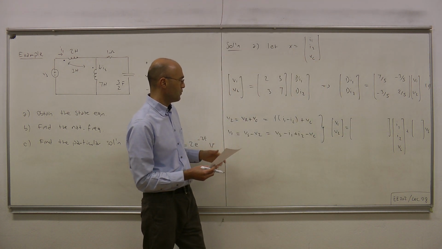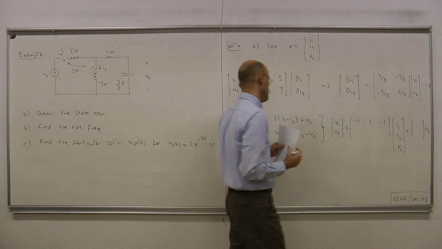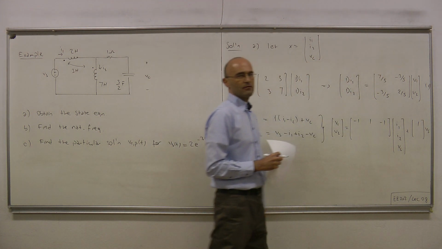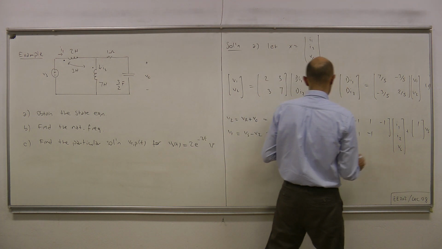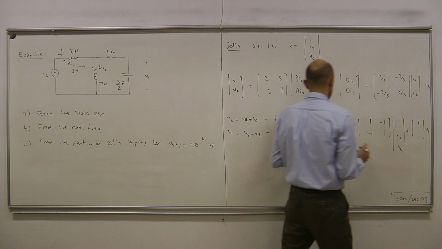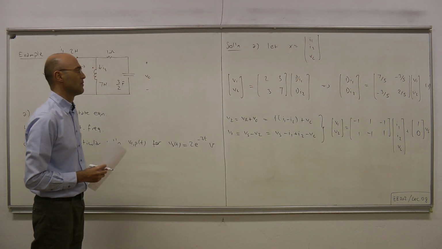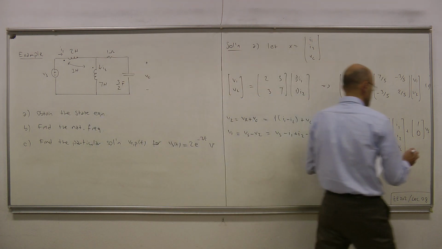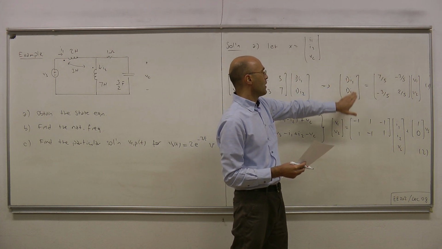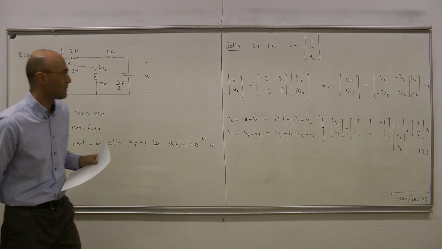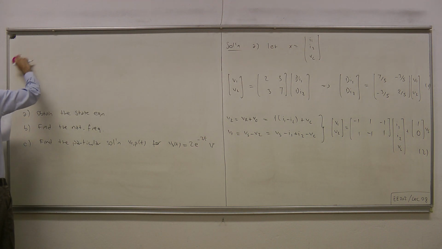For V1, we look at the V1 equation, which is minus I1 plus I2 minus Vc plus Vs. Then for the second row, we look at the V2 equation, which is 1 I1 minus I2 plus 1 Vc, and we have no Vs. Therefore, combining equation 1 and equation 2 will immediately give us I1 dot and I2 dot in this nice block form, and those blocks will appear in our final state equation.